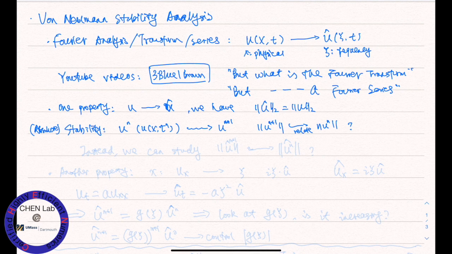So with the Fourier analysis, we can instead study, because the u hat is the same if you talk about the L2 norm, what does u^(n+1) hat relate to u^n hat?